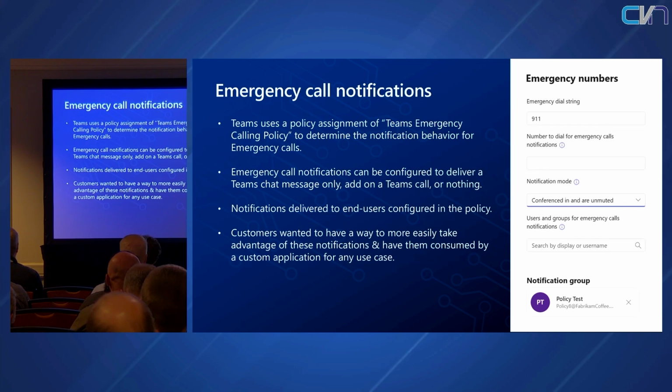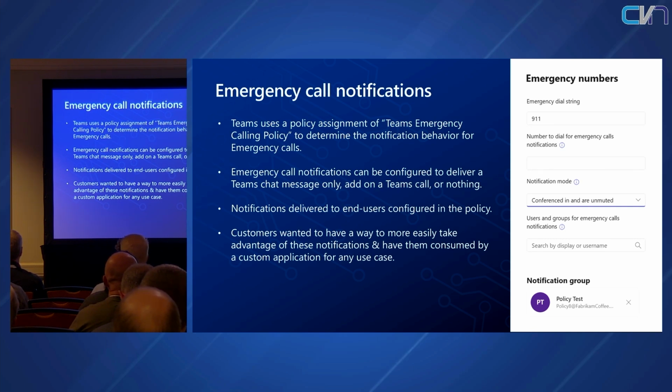So customers are saying, okay, fine, I can try to stitch together a bunch of stuff, but why bother going through all this Teams thing? I just want to plumb my existing infrastructure, whatever that may be, that I use for notifications around emergency calls.